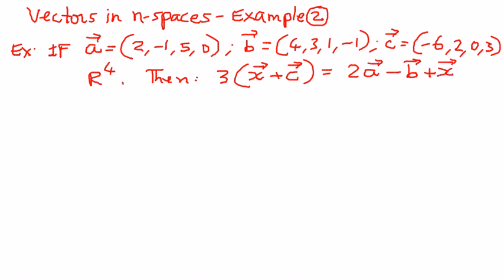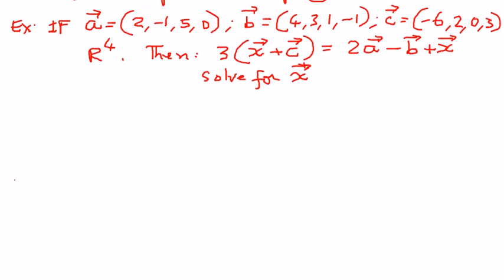Okay, so we want to solve for x. Solve for vector x, and that's what we want to do. So to do that we're going to do the following things.